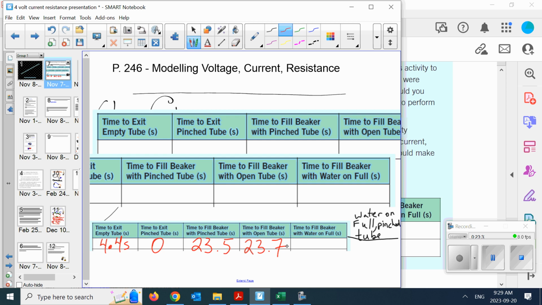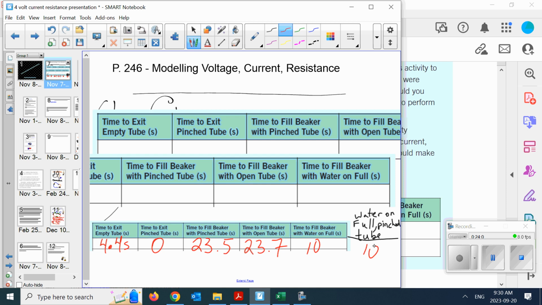It's flashing up so much, it's hard to tell. 10.4. Okay, would you guys agree then, what was the other one, 9.7? Let's just put 10 and 10, because that one's so messy, it's hard to tell. And I actually couldn't stop because the water was, let's just put 10 and 10. It was the same for both, more or less.